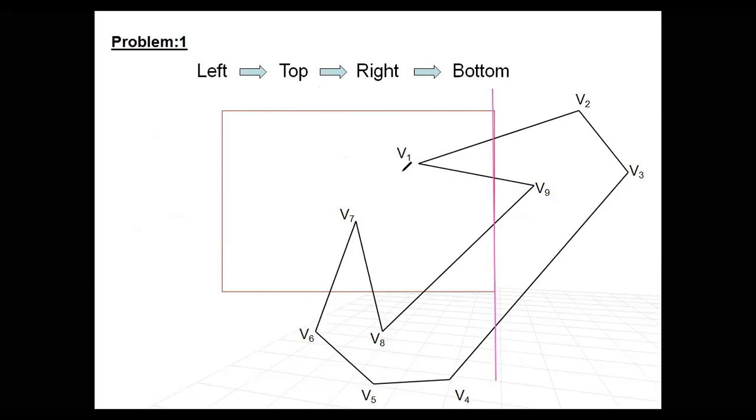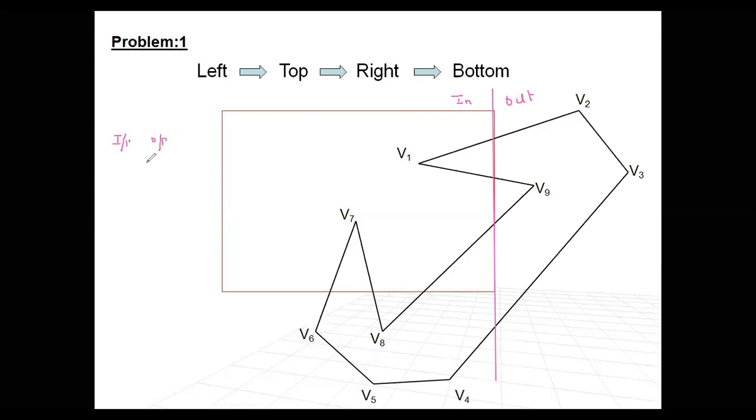So this is the right clipper. In the right clipper, we will treat this part as out, and this will be in. Now in the examination, you will write about the input vertices and output.